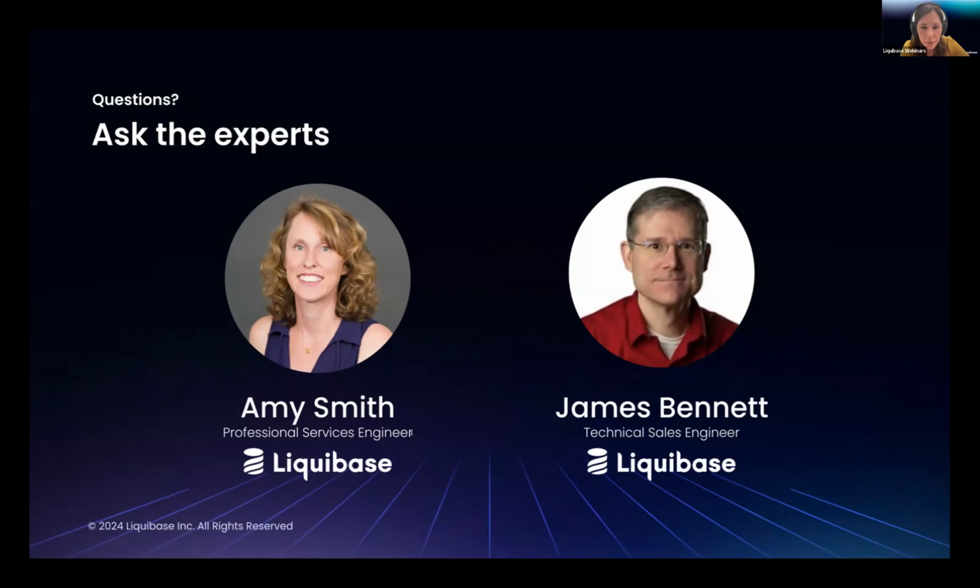How does Liquibase manage data consistency and transactions, and what potential pitfalls should be considered in distributed environments? For data consistency, Liquibase does deploy data, and you can put policies around it.